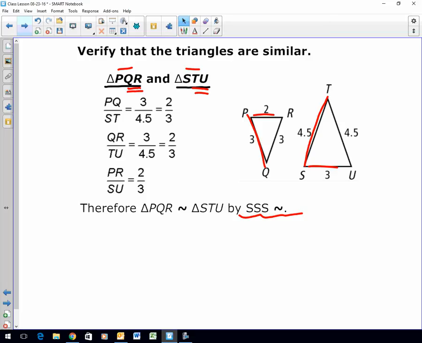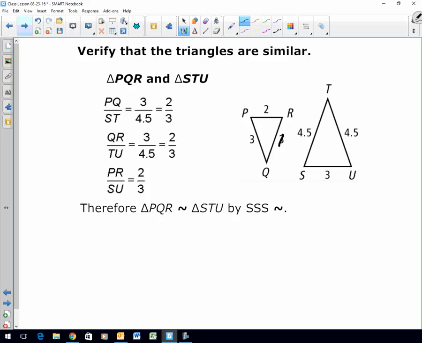Now, I said I'd make it harder or interesting, so I will. Okay, what if the problem looked like this? What if we take this out? And we take this out. Okay? Right? What if the problem looked like that and there was no other information?